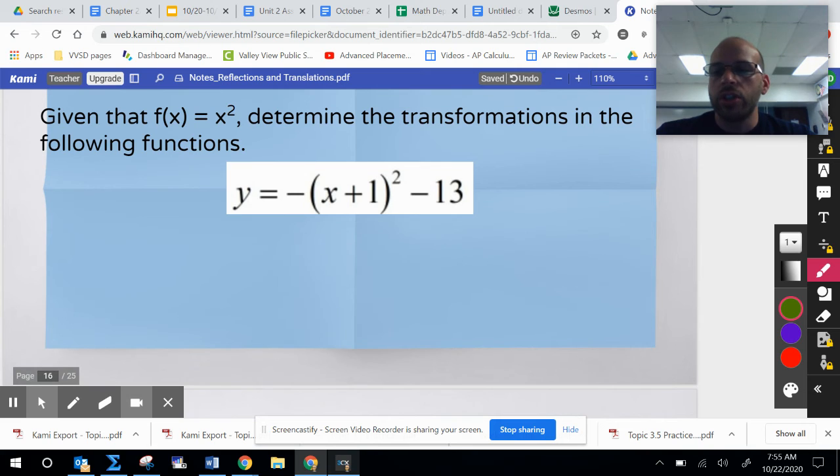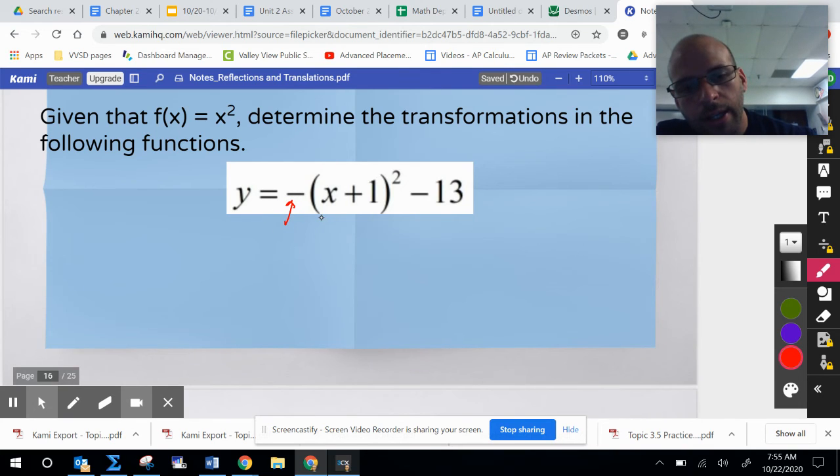So here's another one you can do on your own. Feel free to pause. I'm going to write the answer up here. So the negative is a reflection over the x-axis.